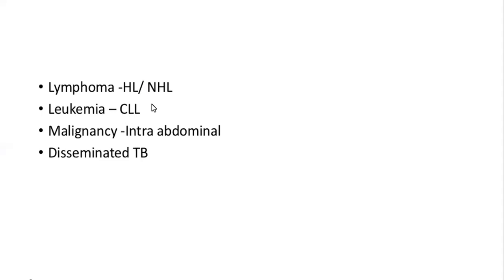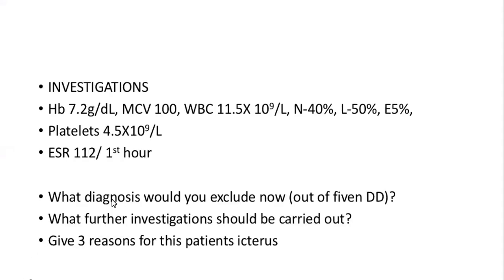Sometimes when you look at the blood film, you can diagnose. Chronic lymphocytic leukemia is just like lymphoma, with a lot of lymphocytes in the blood film. Lymphomas are like them, but the lymphocytes are in the lymph nodes, not in the peripheral blood. Remember forever. So you would exclude CLL, right?